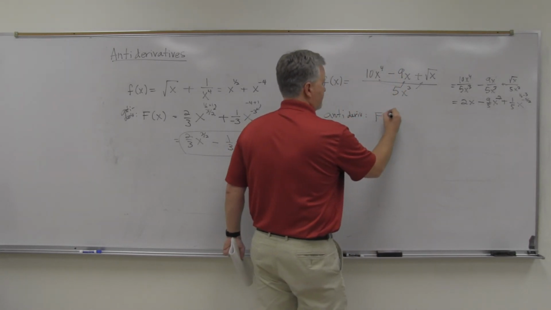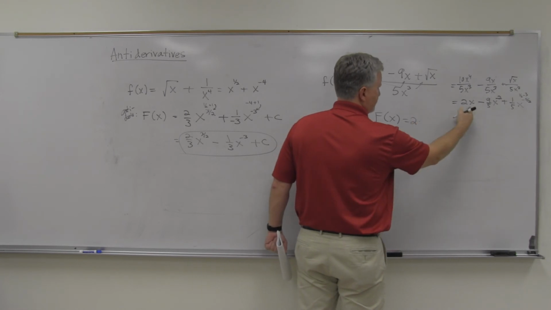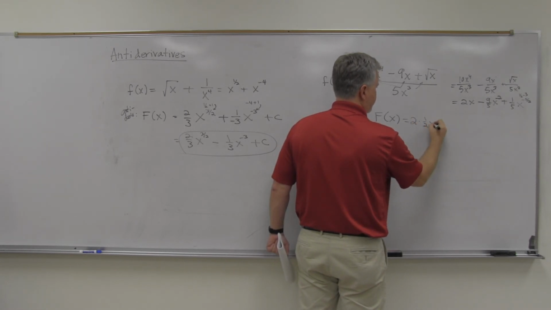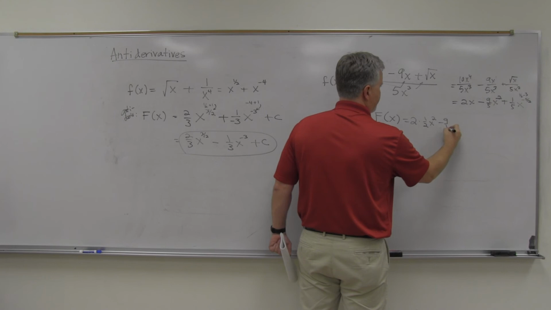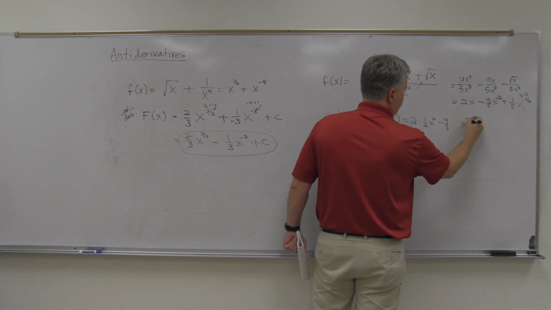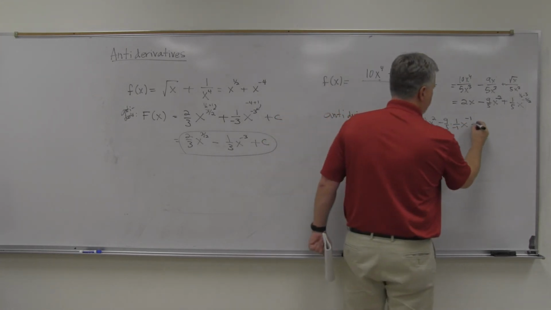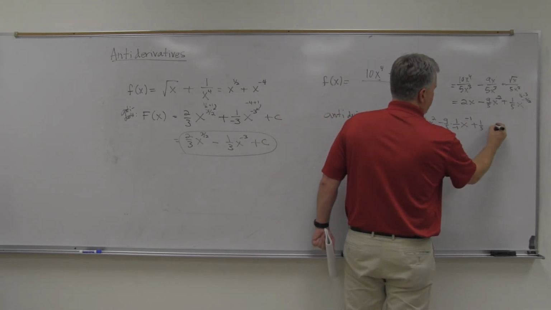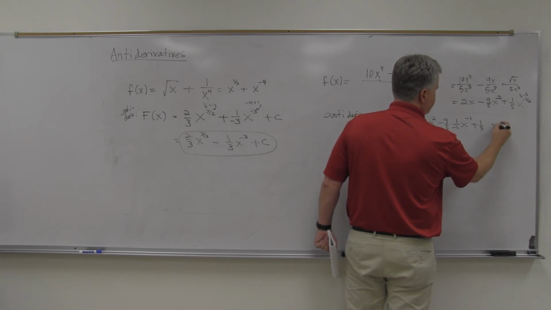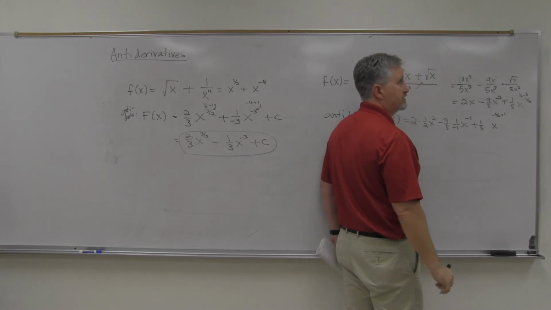So the antiderivative would be, well, it'll be 2 times the antiderivative of that, which would be 1/2 x squared, minus 9/5 times the antiderivative there, which is, the new power would be negative 1, so it'd be 1 divided by negative 1. And then 1/5 x, the new power would be negative 5/2 plus 1, so that's negative 3/2.